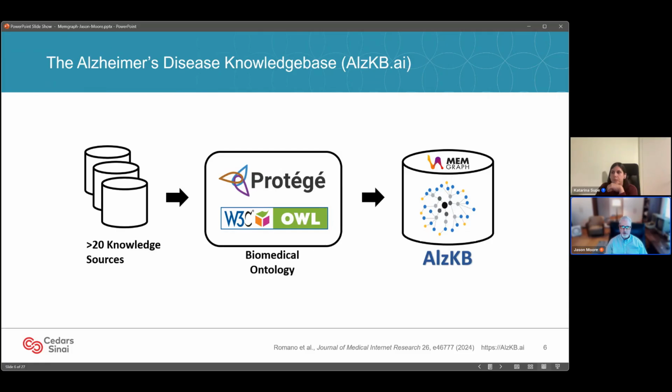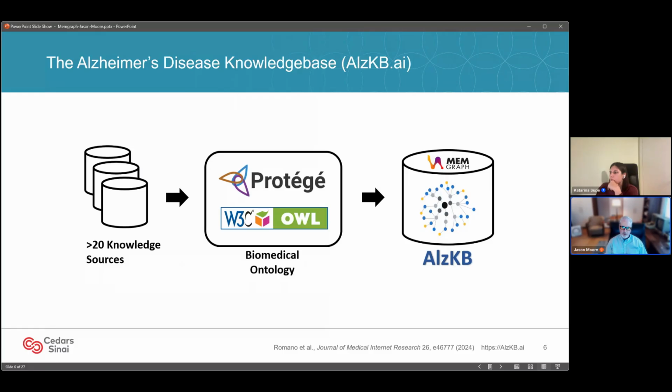We also include biochemical pathways, symptoms, and other entities. And so we integrate all those different knowledge sources with biomedical ontology, so we understand the semantic relationships between the different entities. For example, this drug treats Alzheimer's disease, or this gene regulates this other gene.